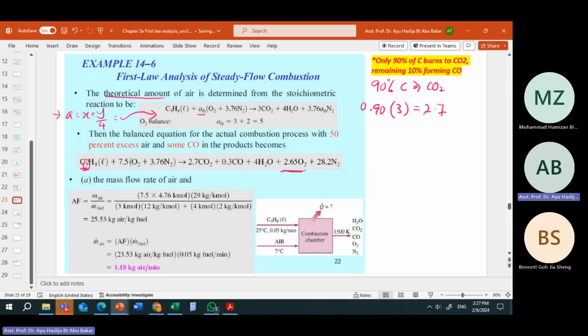Okay, so that's why kat sini dia dapat 2.7. The remaining, so the remaining 0.1 times 3 will get 0.3. This one CO. Okay, that's how you get the 0.3.